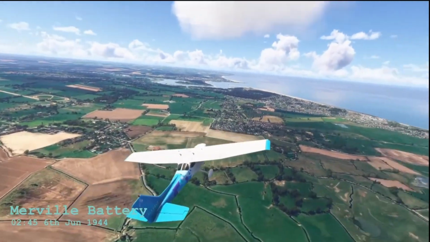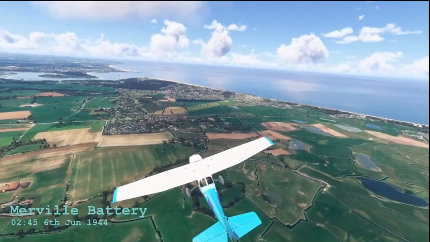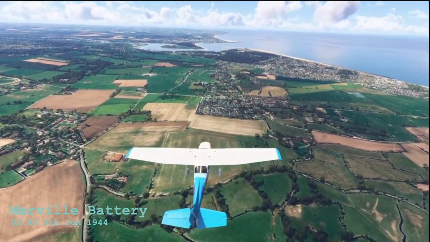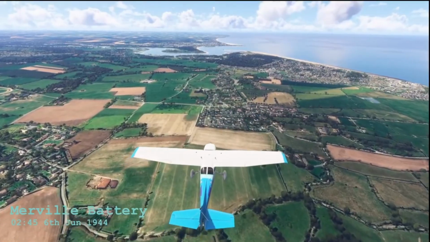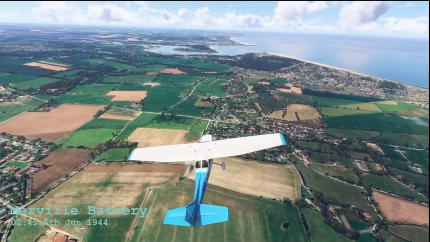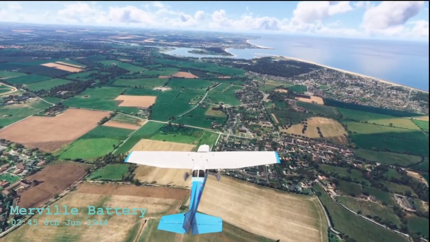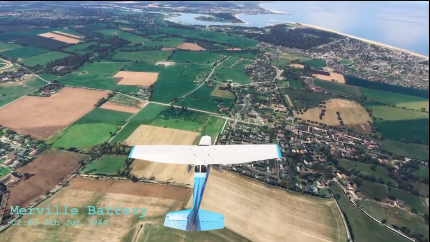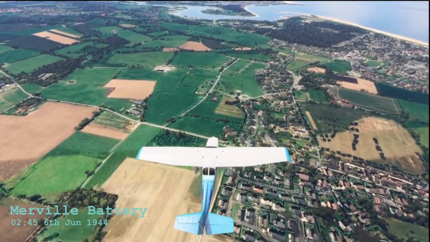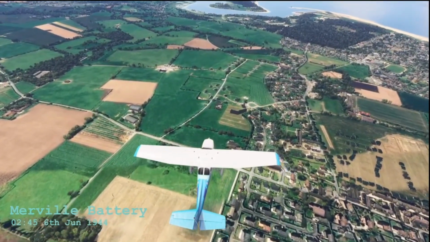And down below you can see the Merville battery coming into sight. We're just going to be flying over it in a few seconds. It's this group of bunkers down below.